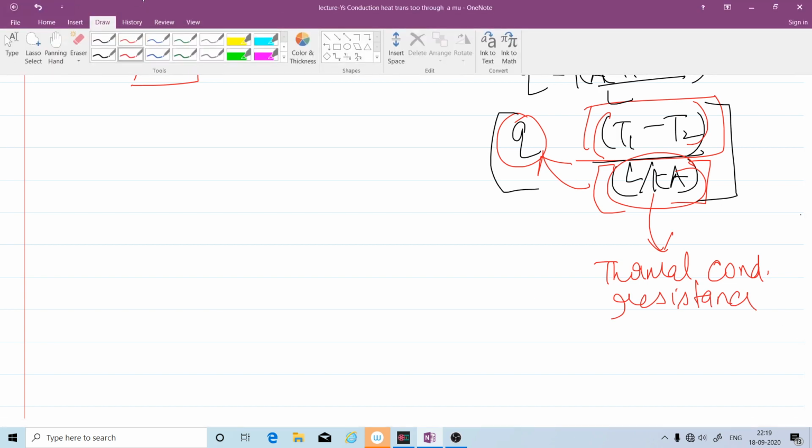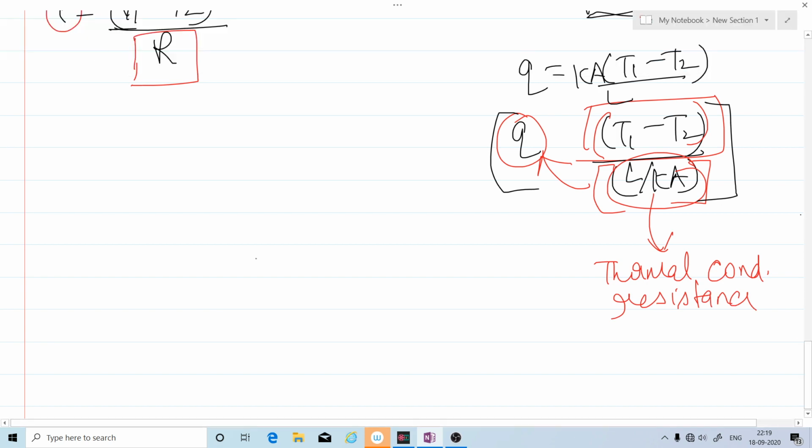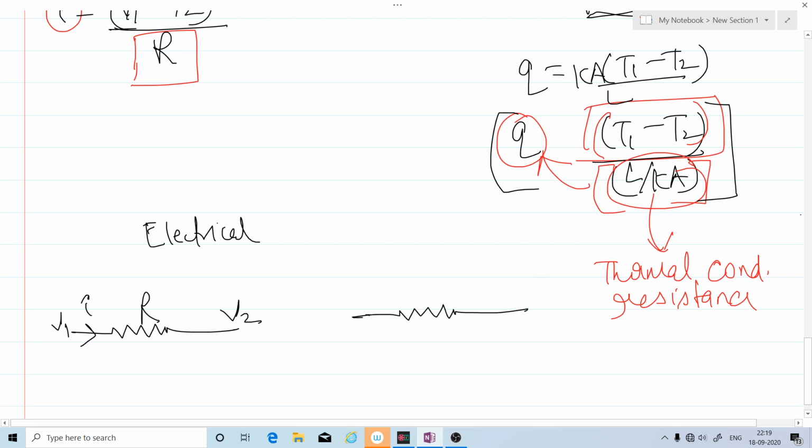Now if we again try to establish an analogy, we can see that in an electrical circuit there is a resistance, a current, and V1 and V2 potentials. Similar to this, we can develop a thermal circuit where temperatures T1 and T2 are the potentials responsible for the heat flow, and there is some thermal resistance that is opposing this flow.